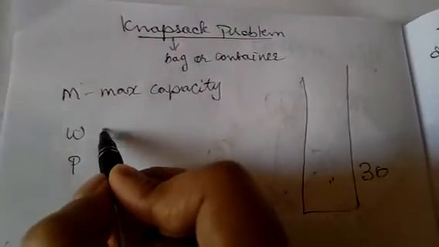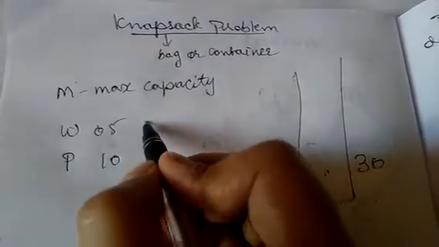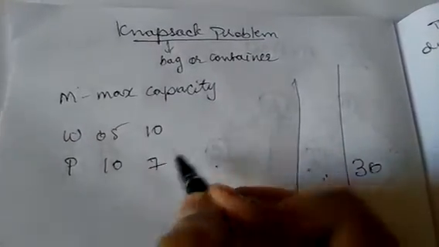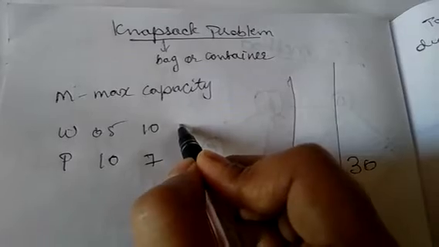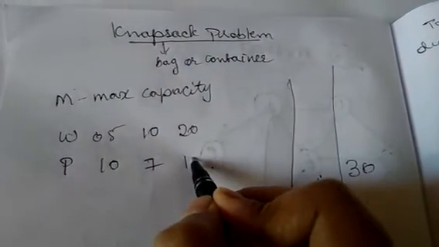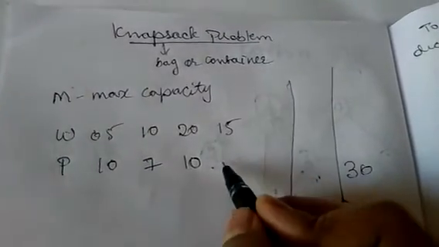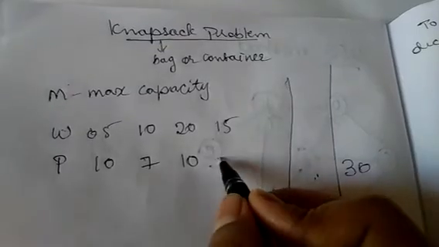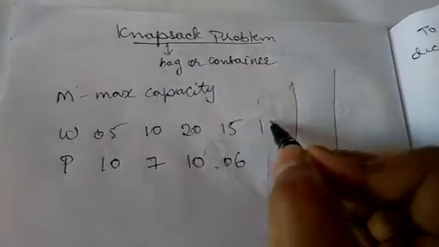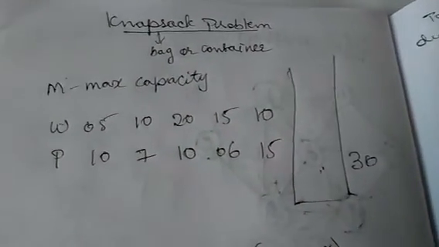I'll have some weights like 5, profit is 10, then 10, profit is 7, then 20, profit is again 10, then 15, profit is 6, and then 10, profit is 15. Likewise we'll be having something.